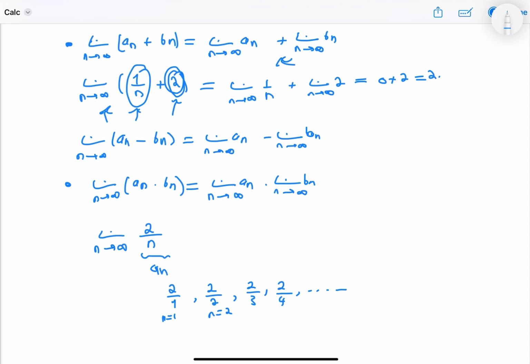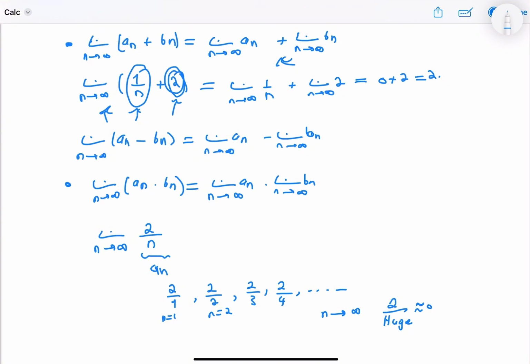What you see is that as n goes to infinity, we're having 2 over a huge number, namely n, which is intuitively close to 0. There is some kind of trend happening, the sequence is tending to 0. That's intuitive, but why is it true by what we proved?